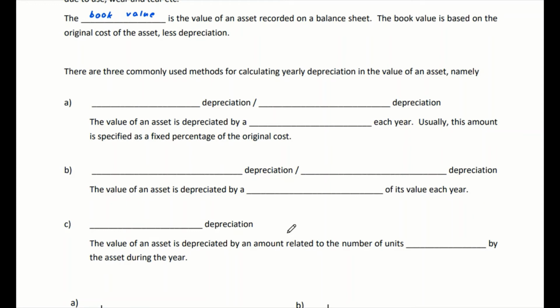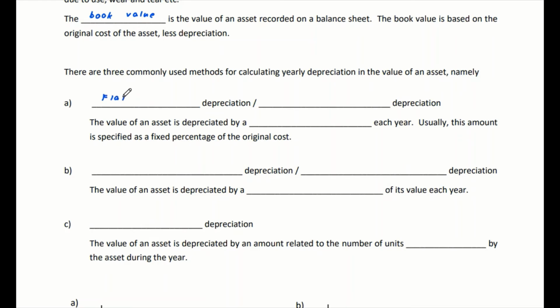The first one is called flat rate depreciation, or sometimes also called straight line depreciation. The idea for flat rate is very easy. The value of an asset is going to depreciate by a fixed amount each year.